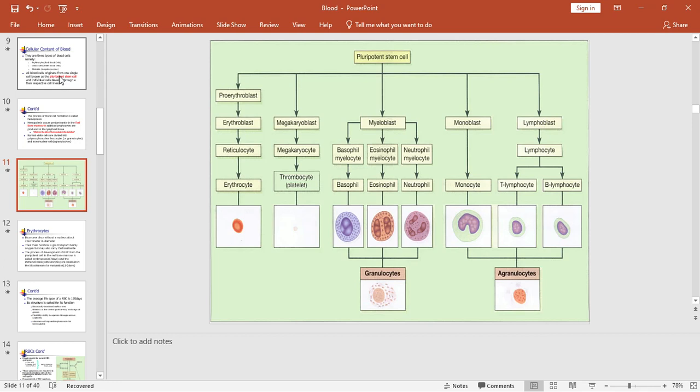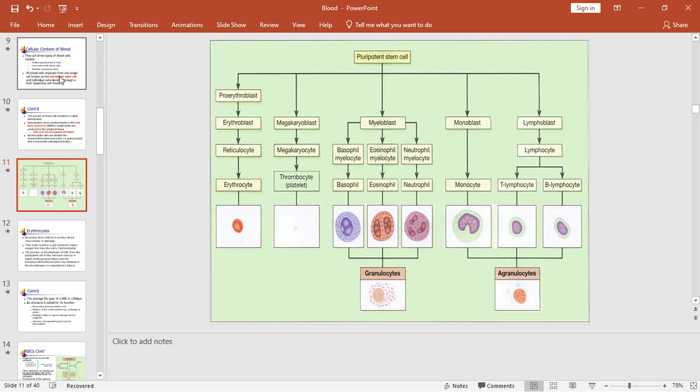You also have the myeloblast, which is the common ancestor for all the granulocytes. What are the granulocytes? The basophils, neutrophils, and the eosinophils. They all come from the pluripotent stem cell, but they don't have the same ancestor.